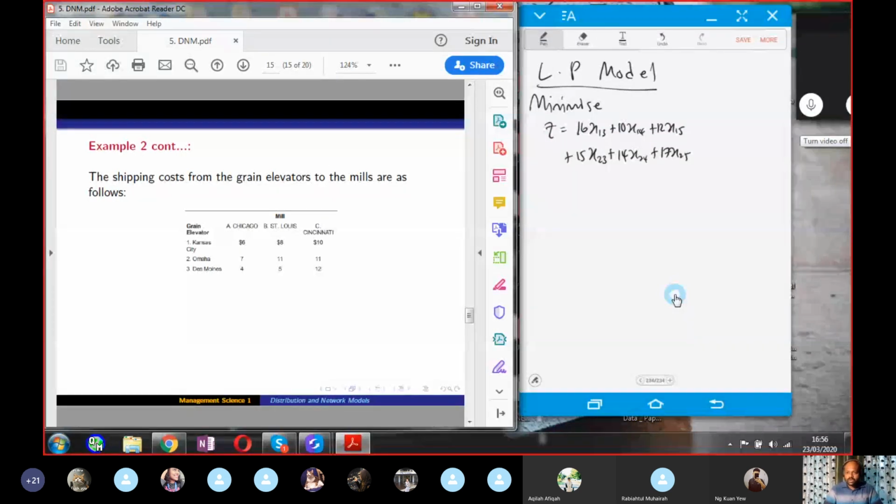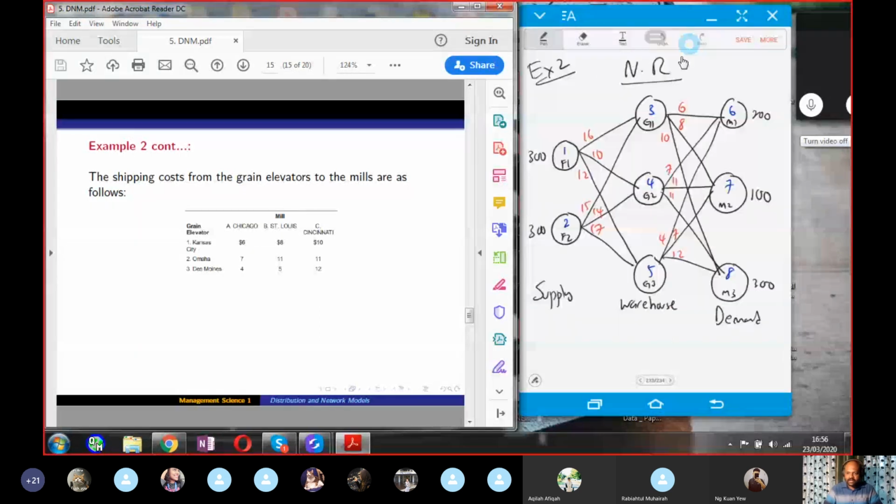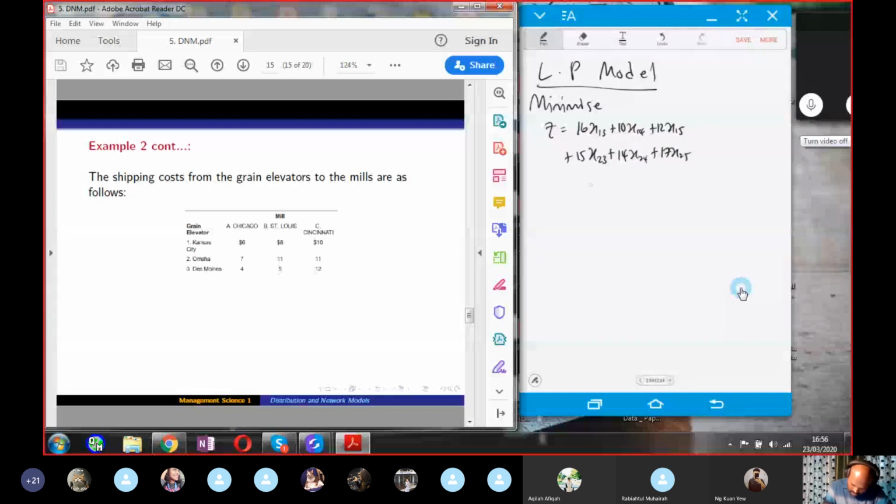The cost from G1 to M1, X36, X37, X38, and it goes on for the other two warehouses.